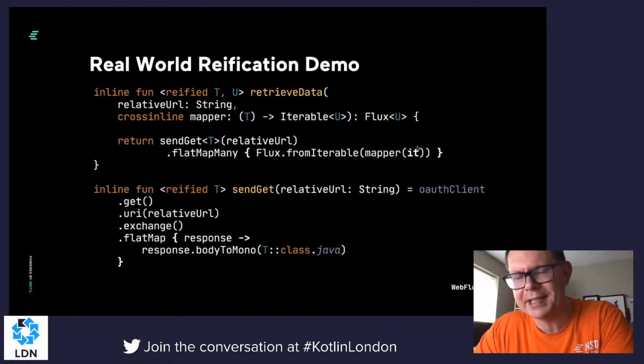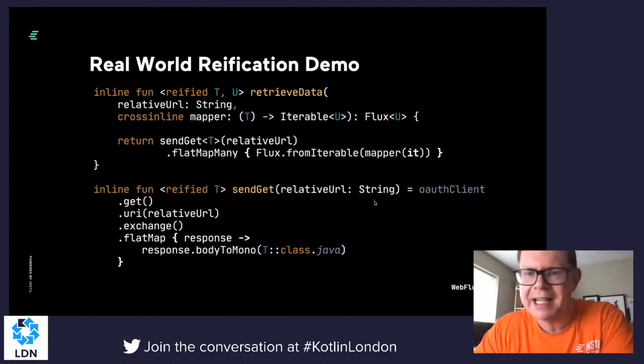I was using Spring Boot, and actually I was using Spring WebFlux, their new reactive API for writing RESTful services. Here I'm just sending a GET request to a URL, and I'm going to get back some JSON. This JSON is going to be a list of orders or customers or employees or strings or whatever. That's the T. So T here is the type of the thing that's coming back from the server as JSON.